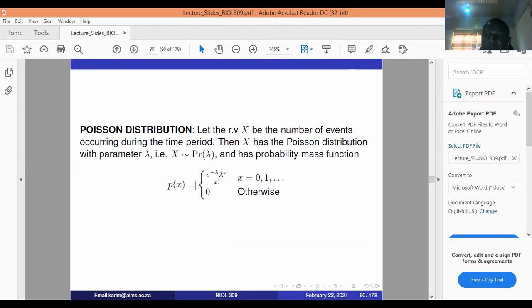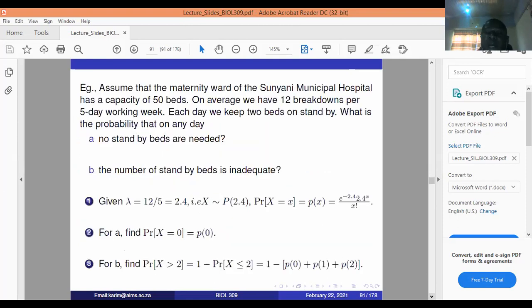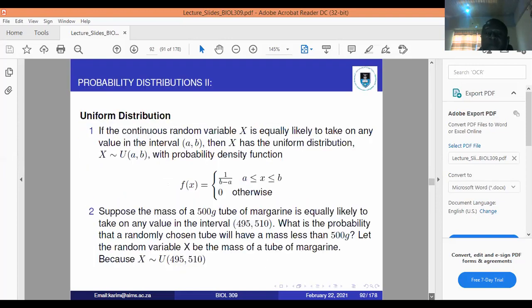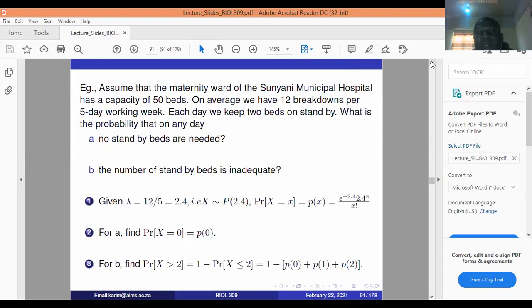And that was what we did yesterday with an example here. So yesterday, this was the example we looked at, where we assumed that the maternity ward of Sunyani Municipal Hospital has 60 beds in terms of capacity.